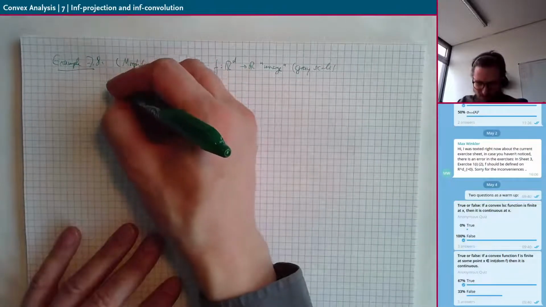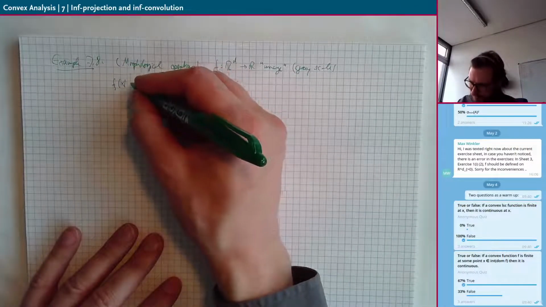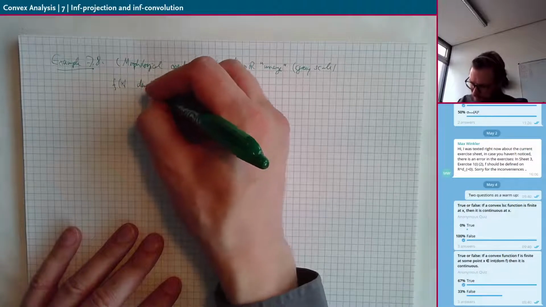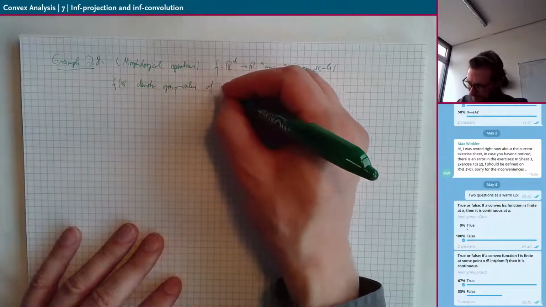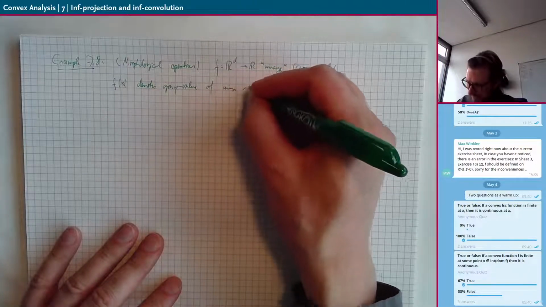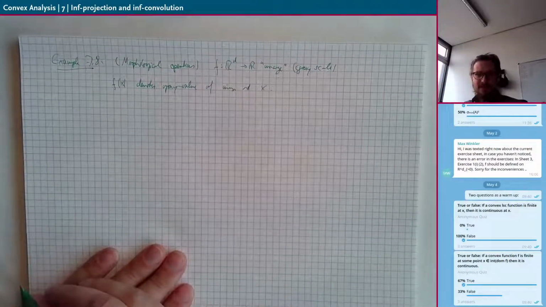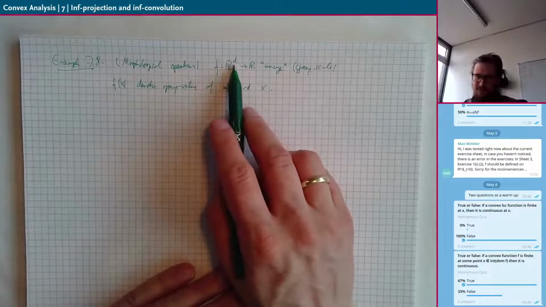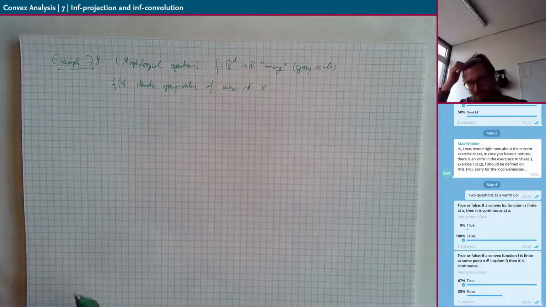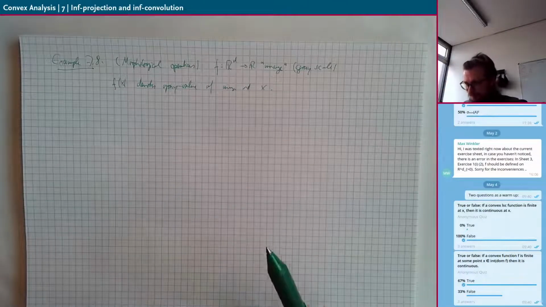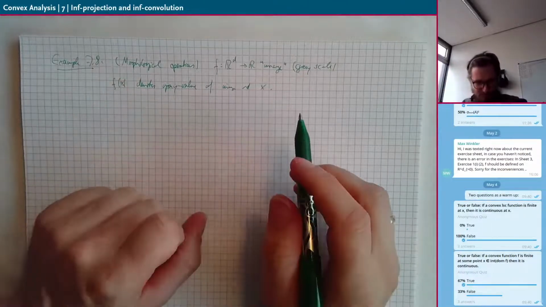It means f of x denotes the gray value of the image at x. So x gives you a point, and usually you consider d equals 2 for plain images like photos or digital photos on your laptop. And it's just the grayscale.